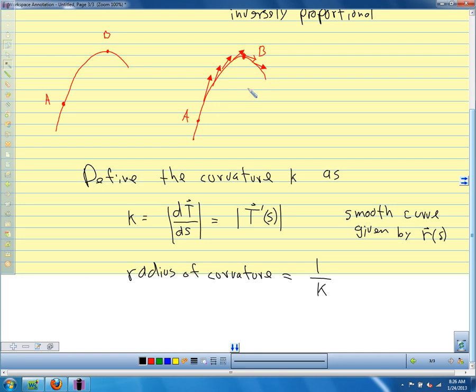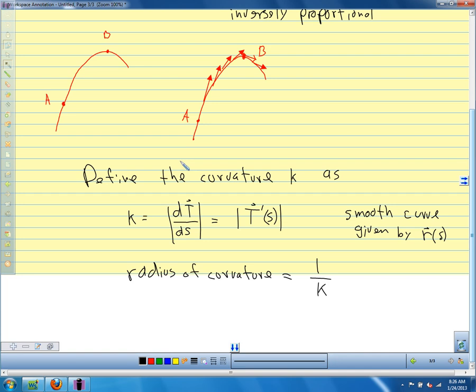But if we parameterize our curve in terms of some other parameter, then we would come up with some different quantity for the curvature. So by defining the curvature as a rate of change of the tangent vector with respect to the arc length, we eliminate the effect of the parameterization on our curvature. So our curvature should be independent of the parameterization. It should be a property of the curve, not a property of the parameter.